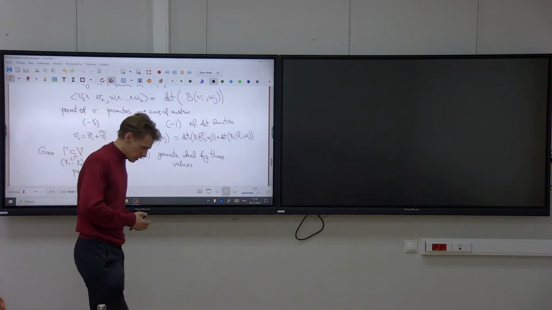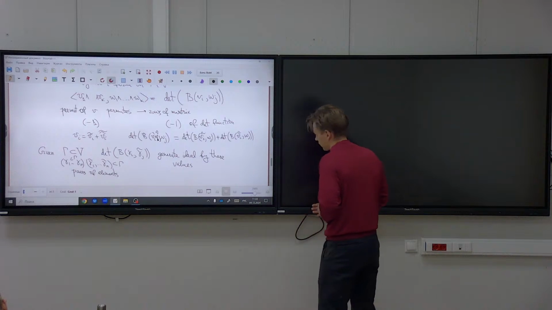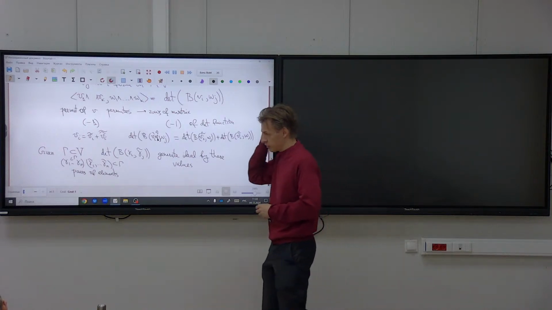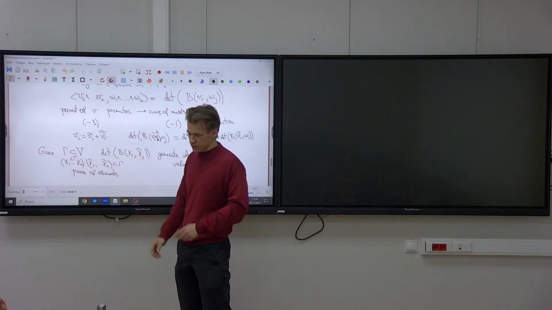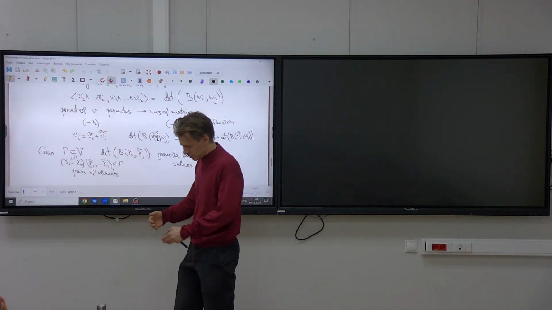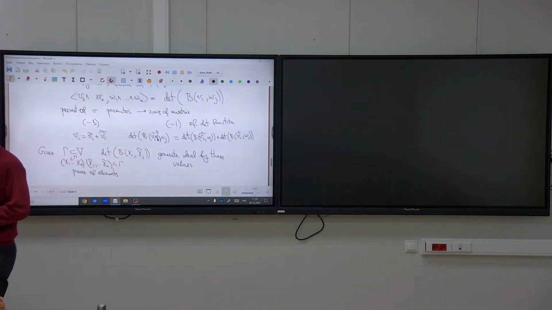I mean, in algebraic number theory, usually people are just writing down a very specific formula, that the discriminant is just some determinant.